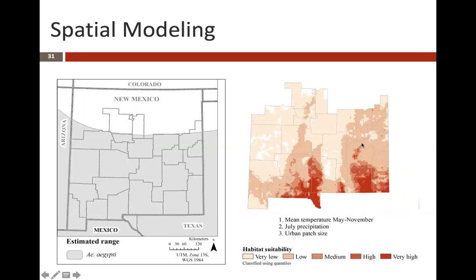Based on the point data that we collected and then various environmental predictors like temperature, precipitation, topography, urbanization, and so forth, this is the map that our student Stephanie Mundus came up with that suggests that there are certain areas where the habitat suitability is much higher than in others. We're still working on improving this map as well, but at least it's not quite as generalized as this one. One of the things that we found in the study was that the Aedes aegypti mosquito only occurs in urban environments.